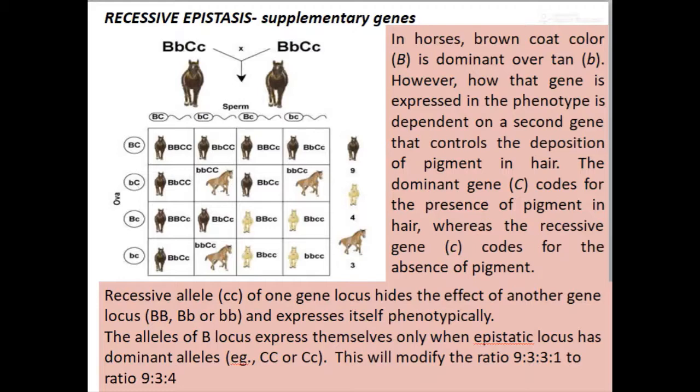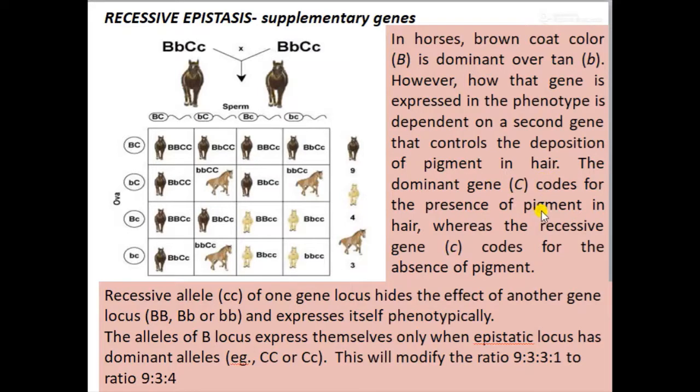So, if you consider the coat color, though it is coded by a B gene, the B gene is in turn influenced by another gene referred to as a C gene. If there is a dominant gene C, the presence of pigment in the hair will occur.